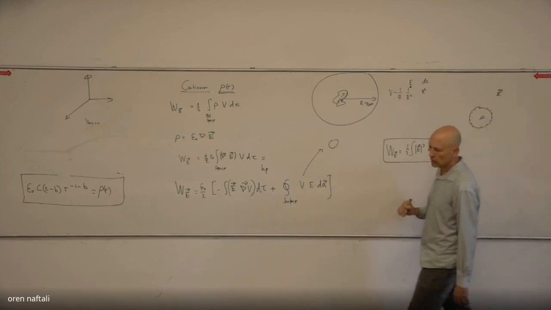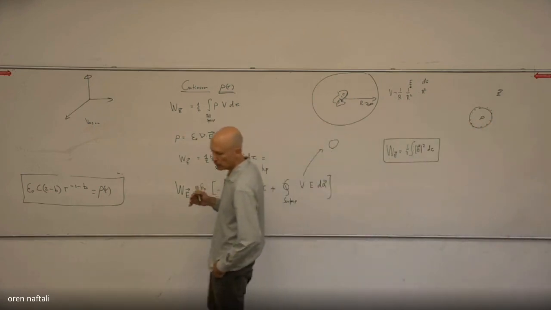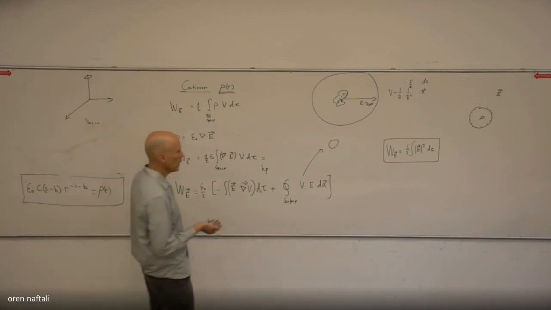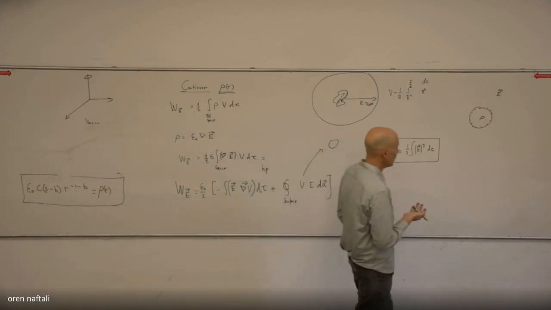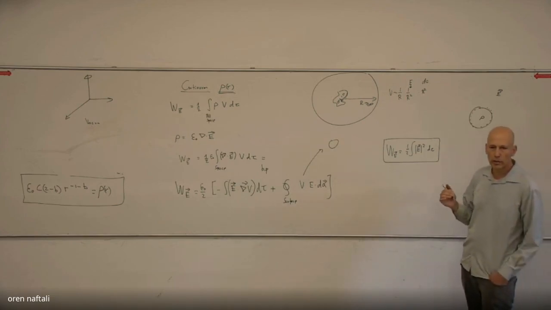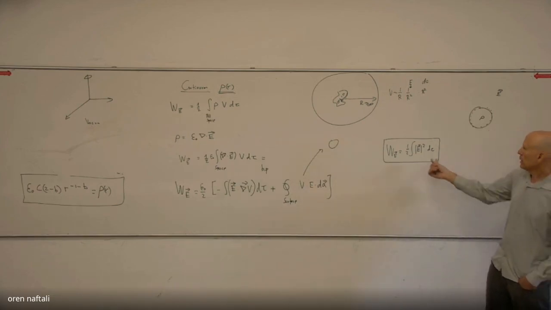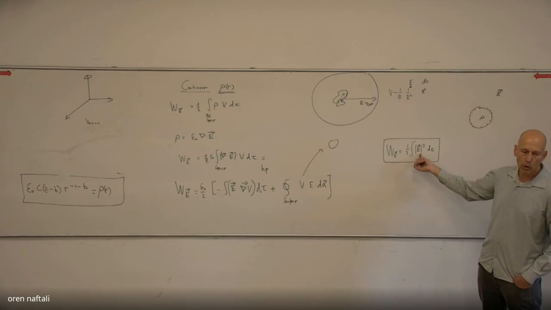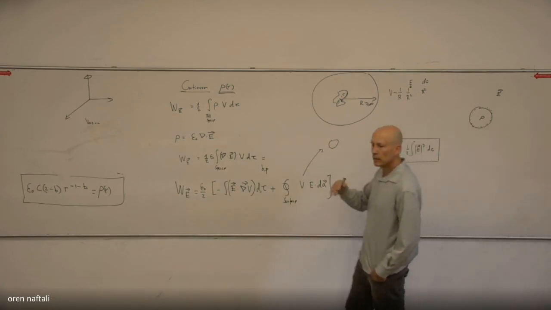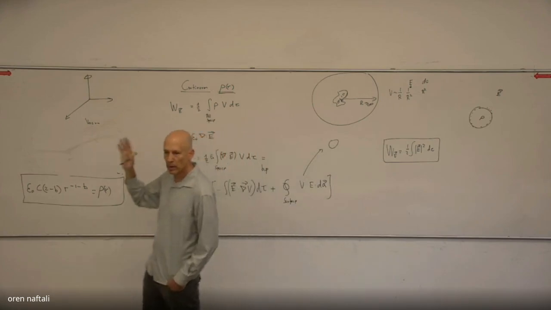So if I can measure the electric field, then I can calculate this energy. And now you can ask, in the problems I gave you before, what will be the total energy? Because I calculated, what was the electric field I assumed at the very beginning? Something that decays like r to the minus beta.